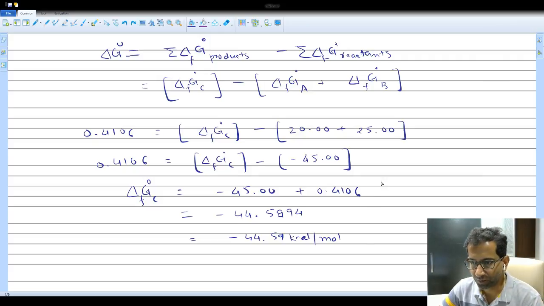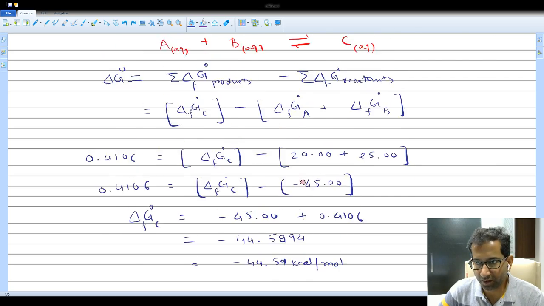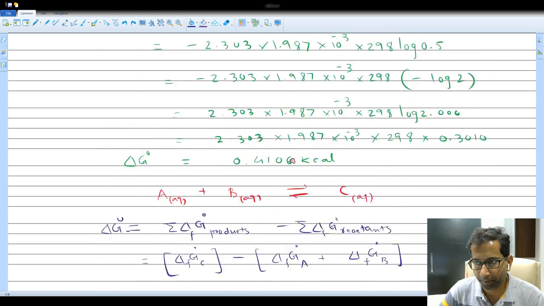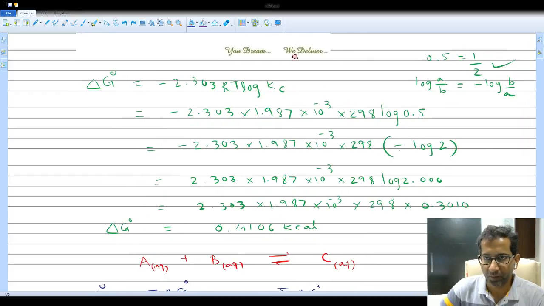So this is how you can solve. This part is very important. Let me explain once again over here.